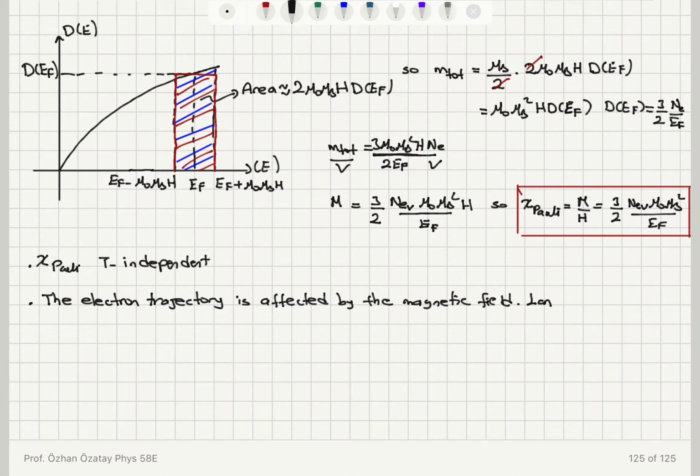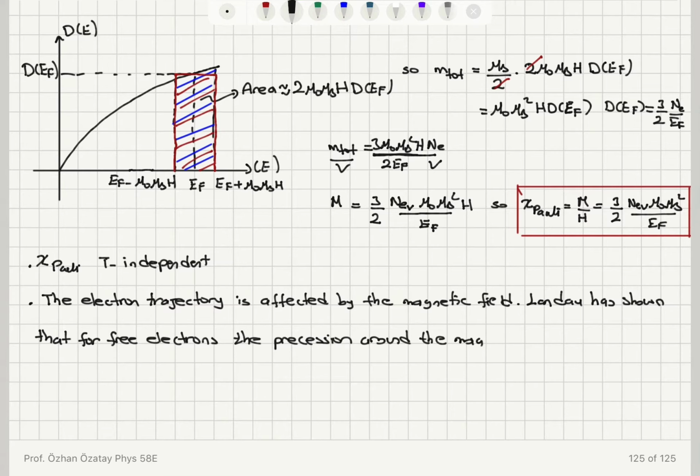And Landau has shown that for free electrons, due to the trajectory of the electrons in a magnetic field, the precession around the magnetic field causes a diamagnetic susceptibility, which is roughly 1/3 of the paramagnetic susceptibility.